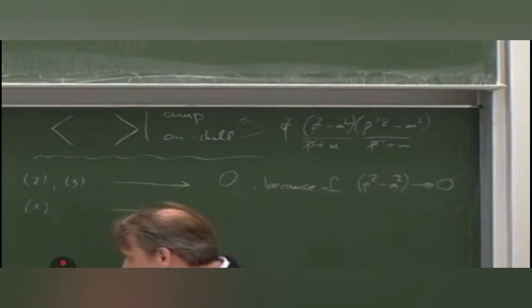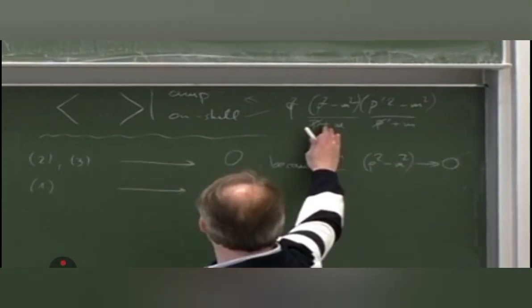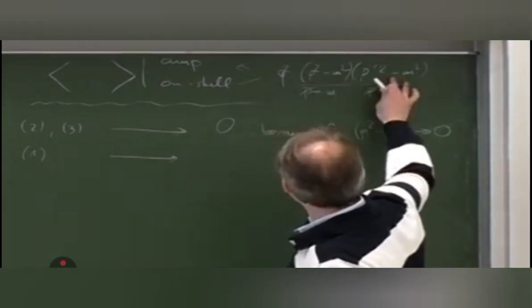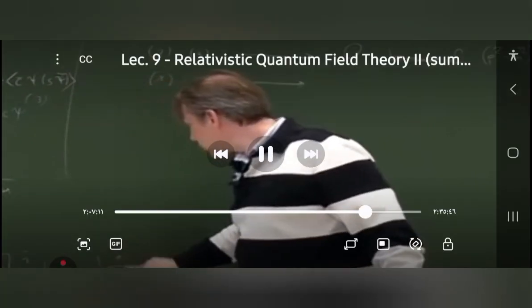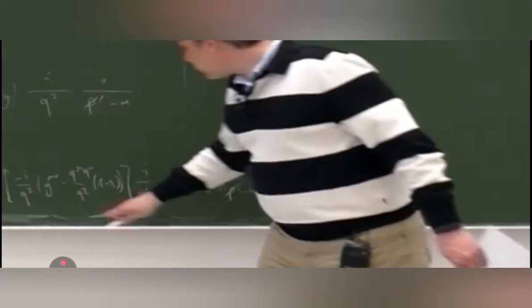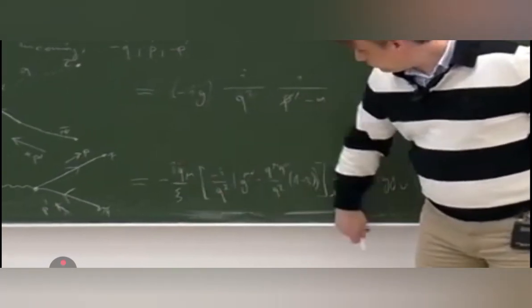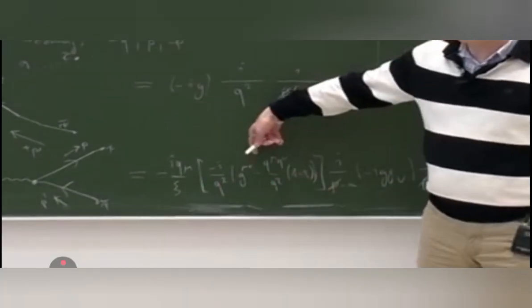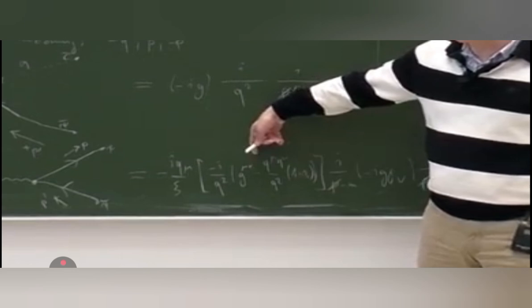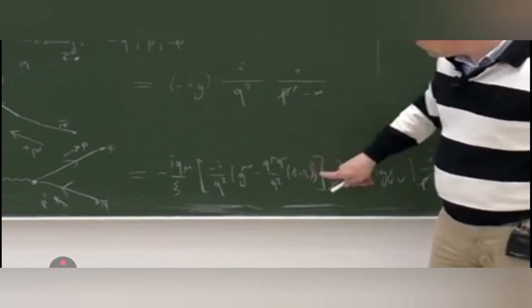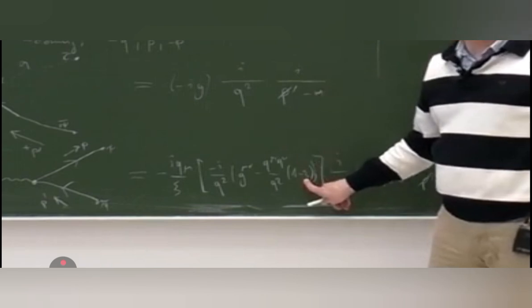So what happens here, first of all, by doing this multiplication, we multiply with those inverse propagators, then this is cancelled, that is cancelled. And from the photon propagator, what happens? So with this q mu, the transverse part of the photon propagator drops out. Only the longitudinal part of the photon propagator remains, which is the one proportional to xi.